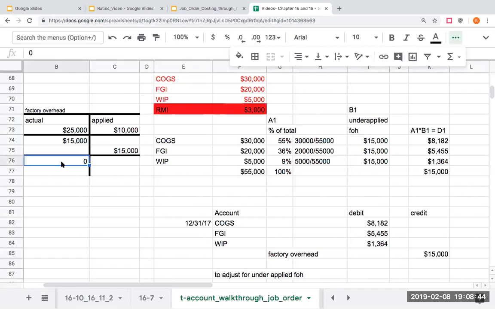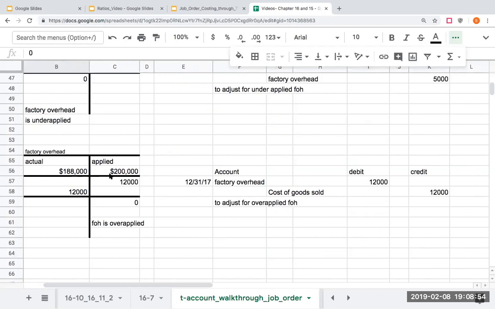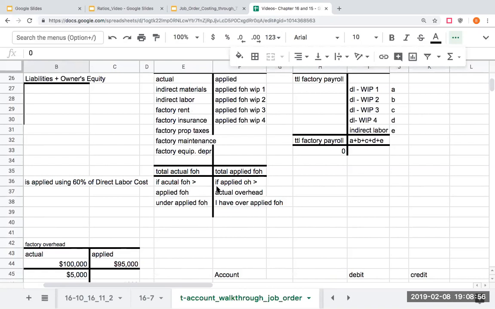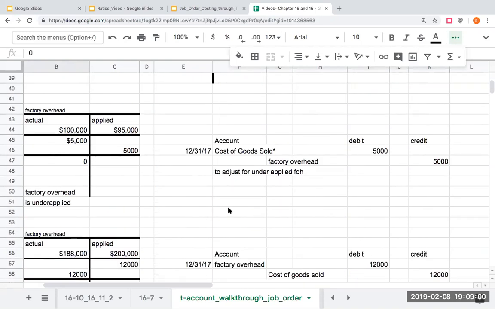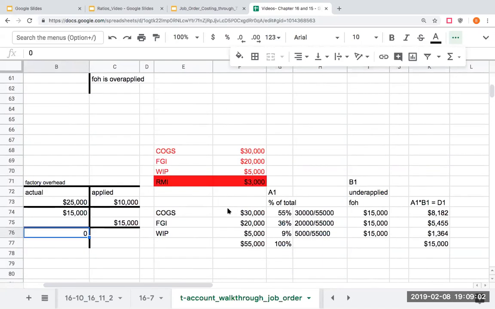If this was flipped around, meaning I had an applied amount greater than my actual, the journal entry would just reverse. So again, the biggest rub here is that with under or over applied factory overhead, generally I just take it to cost of goods sold. However, if the amount is materially significant, I'm distorting cost of goods sold.